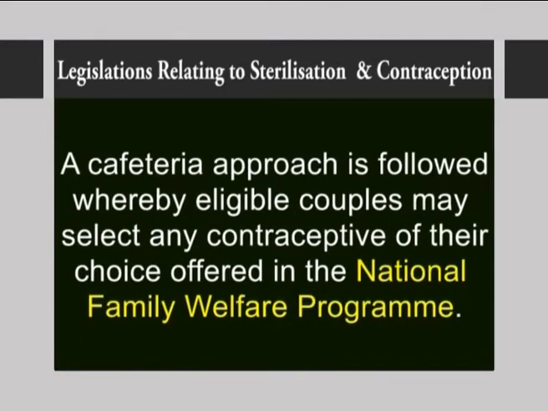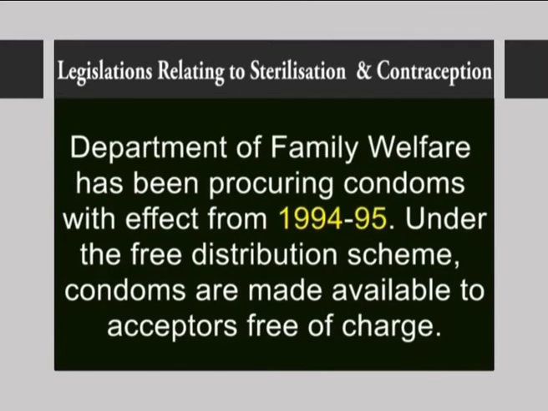A cafeteria approach is followed whereby eligible couples may select any contraceptive of their choice offered in the National Family Welfare Program. The Department of Family Welfare has been procuring condoms with effect from 1994-95. Under the free distribution scheme, condoms are made available to acceptors free of charge.